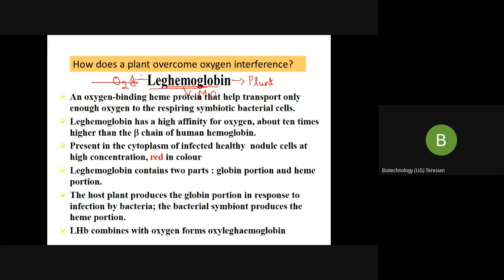See, it has bound to all your oxygens. Now where is the oxygen present? My oxygen is present along with the leghemoglobin. So now what is it acting as? It is acting as a reservoir of oxygen. All my oxygens are here, and this is my leghemoglobin.